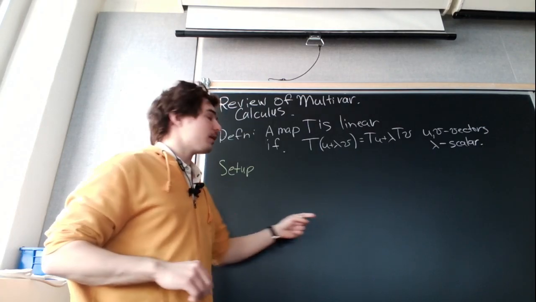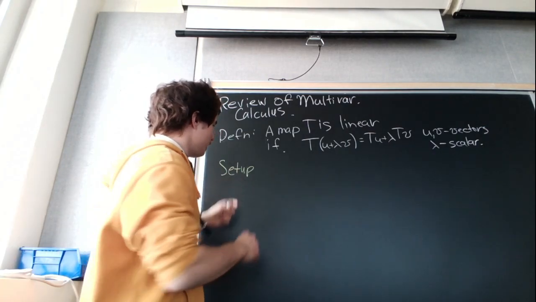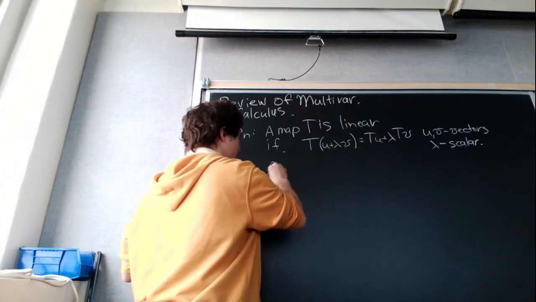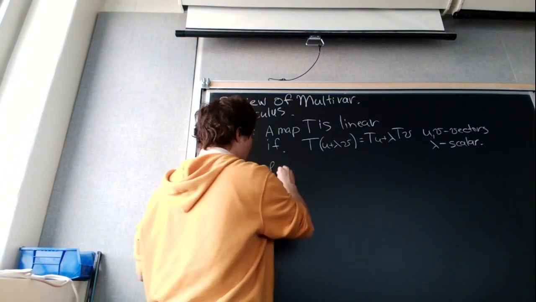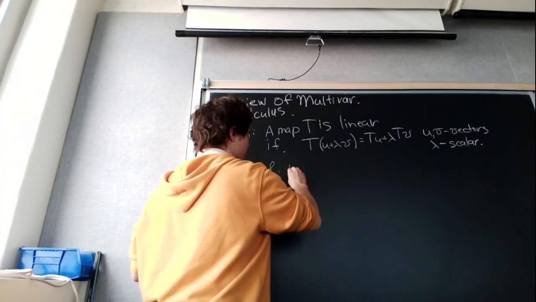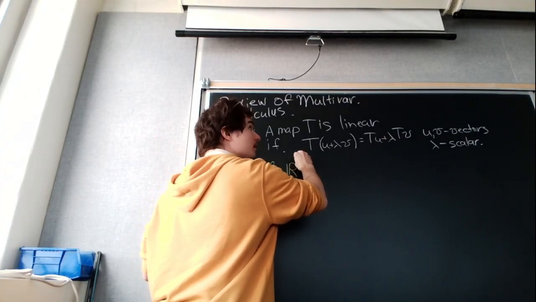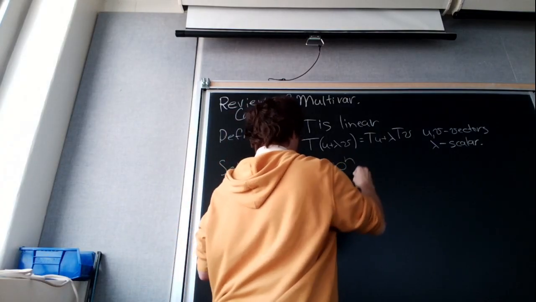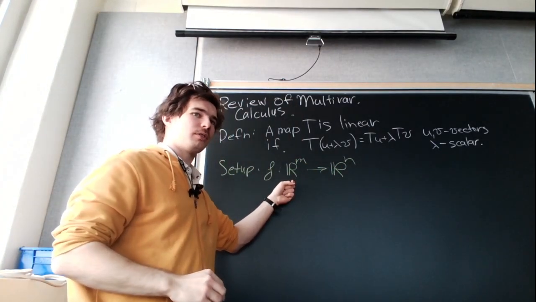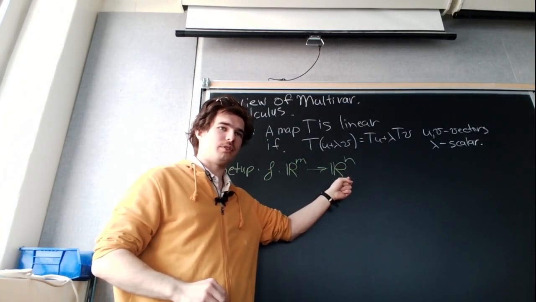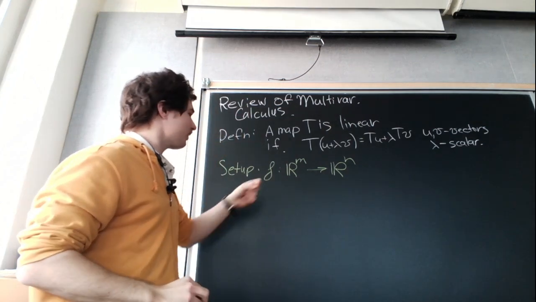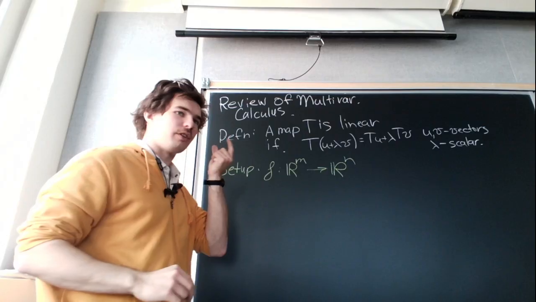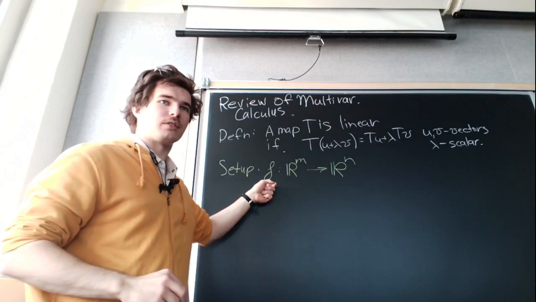Do you agree? So the setup here is that I want to generalize that. Now I have a function f from Rm to Rn. It takes as input m numbers and has as output n numbers.